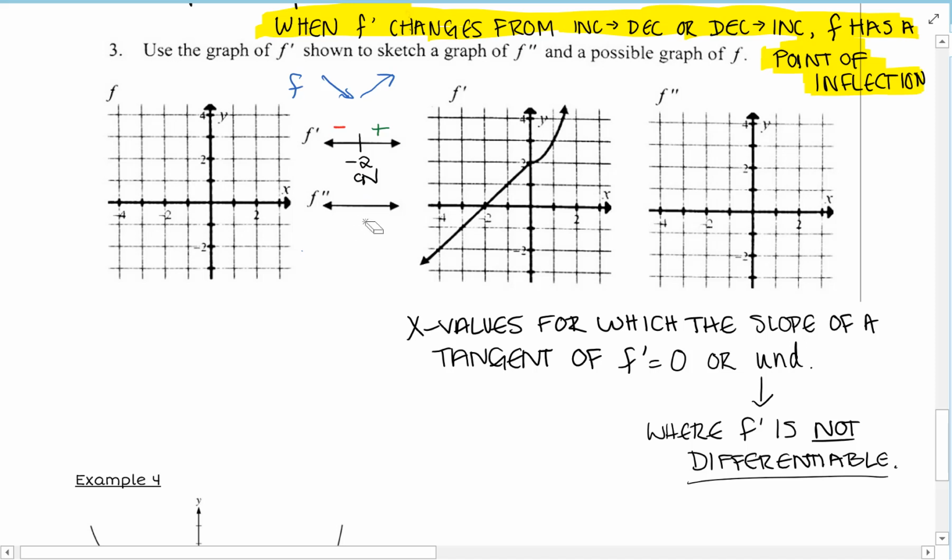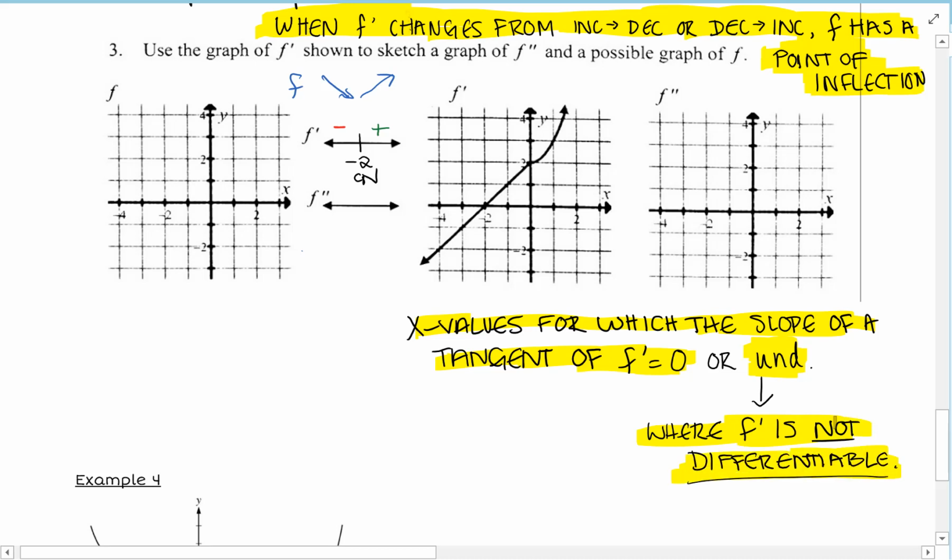The other values we would need to note are x values for which the slope of a tangent of f prime is 0, where you have a horizontal tangent, or where the graph of f prime is undefined. Visually, when the graph of f prime is undefined, that is where f prime is not differentiable.